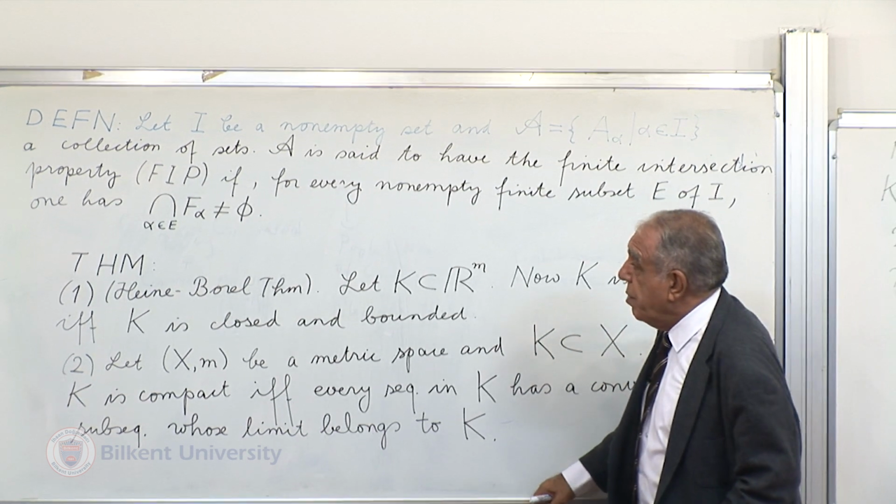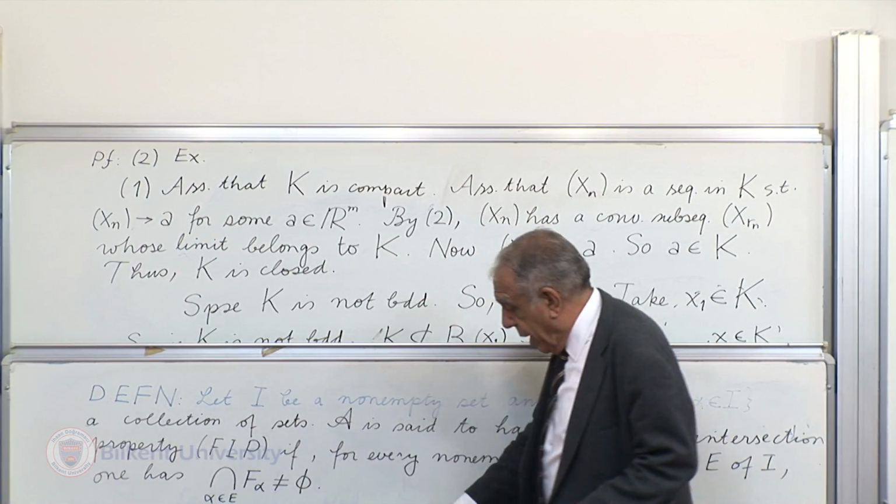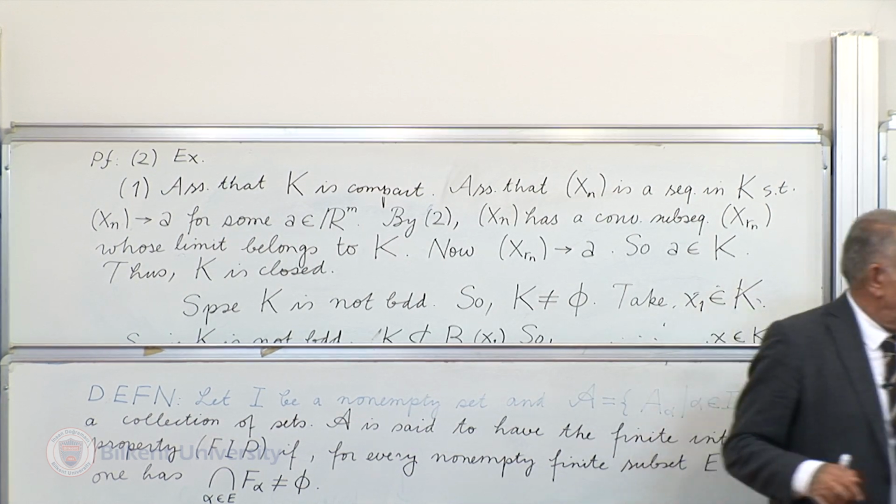Well, we have assumed that K is compact, thus by 2, that right-hand statement must be true.